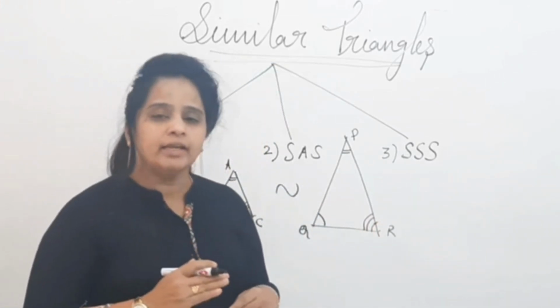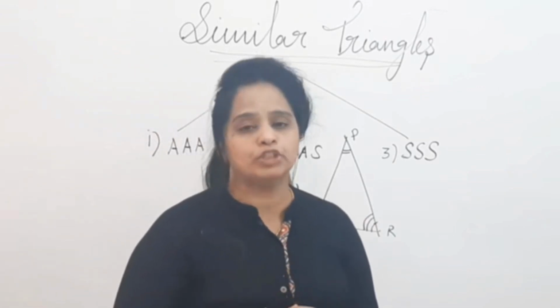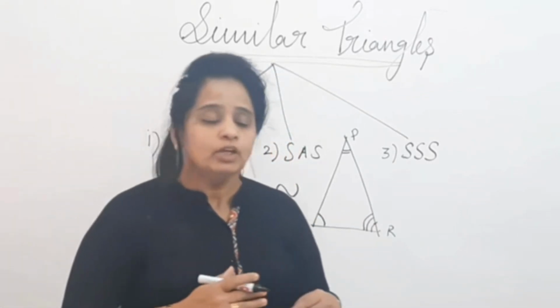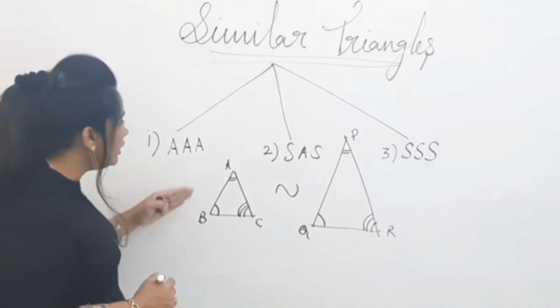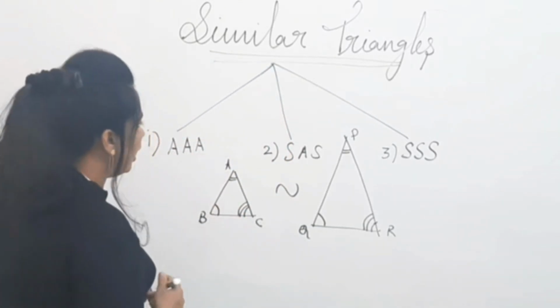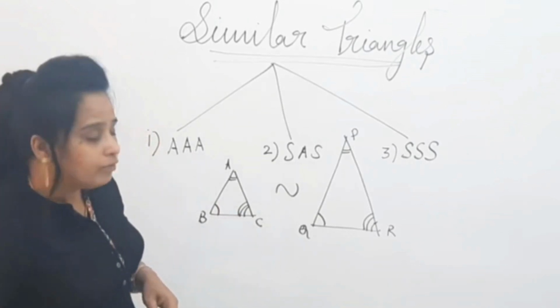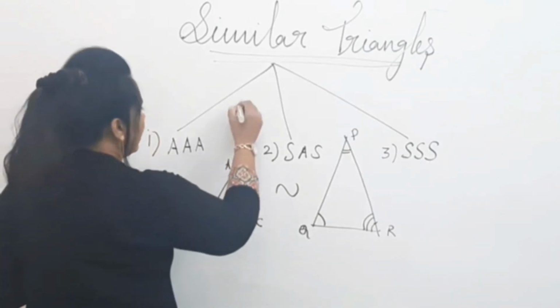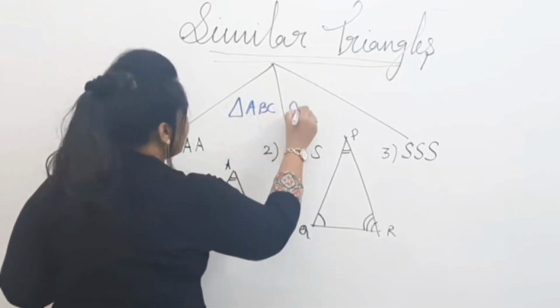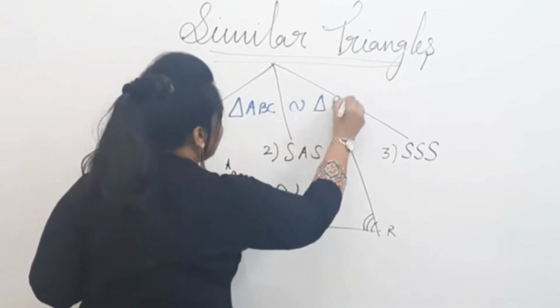I explained the meaning of proportionality in two triangles in our previous videos. So, we can say that triangle ABC is similar to triangle PQR. And how do we write it? We write it in such a way that triangle ABC is similar to triangle PQR.